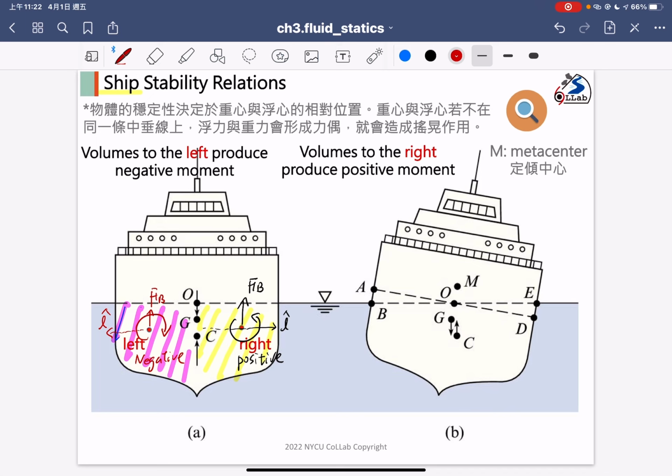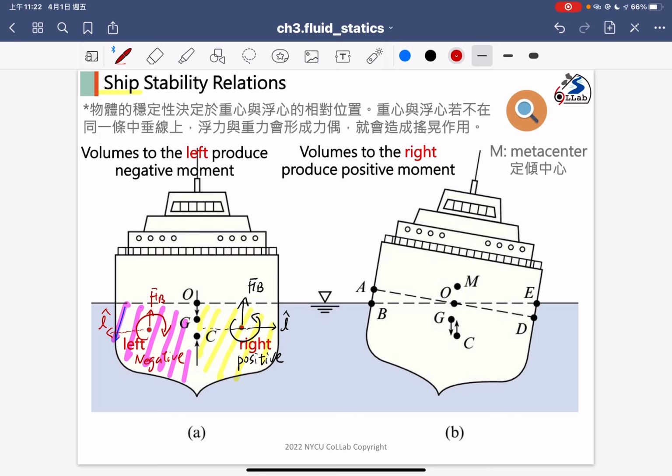So we divided the center line into the right-hand side and the left-hand side, and the moments are opposite. That's why the ship is stable here. Because the right-hand side is the positive moment and the left-hand side is the negative.